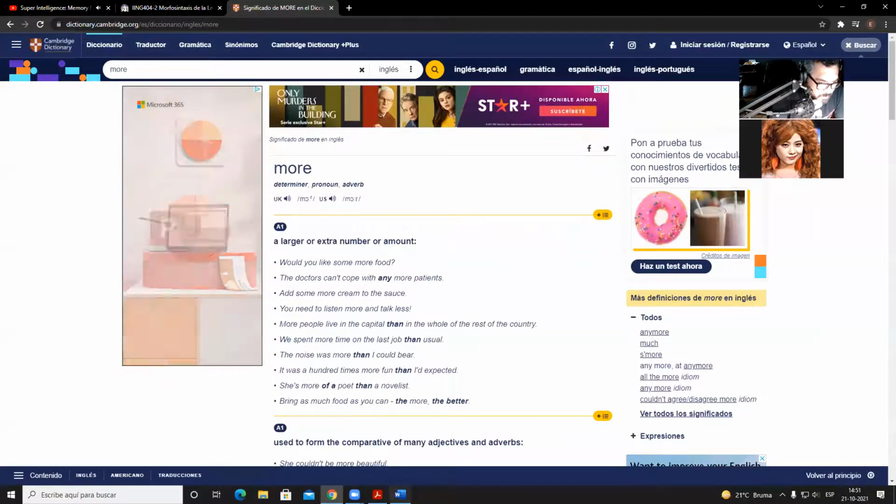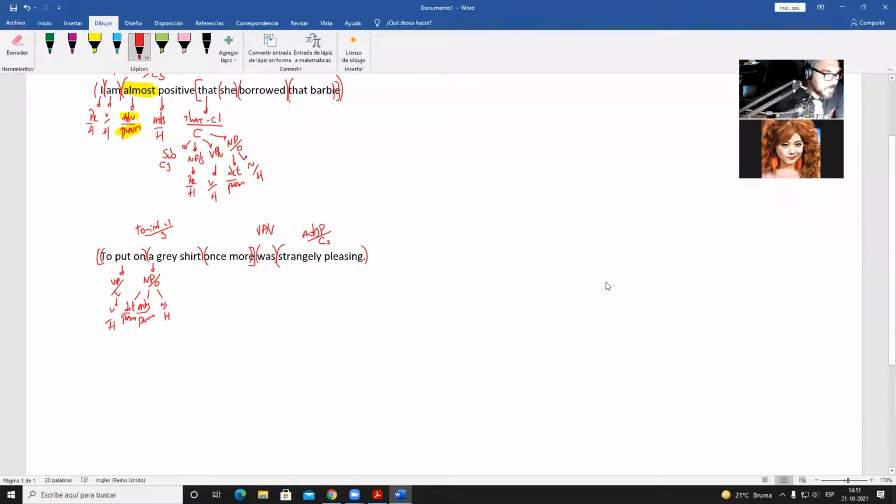The point is what is inside of our example. To put on a gray shirt once more. Una vez más, once more. Once is a determiner. Can I have a determiner phrase on its own? I don't think you can. Tal vez once está premodificando al more.